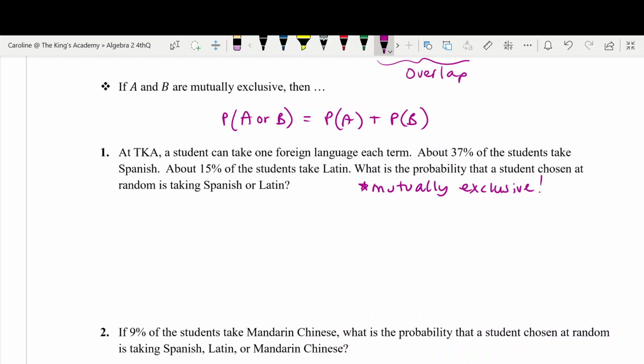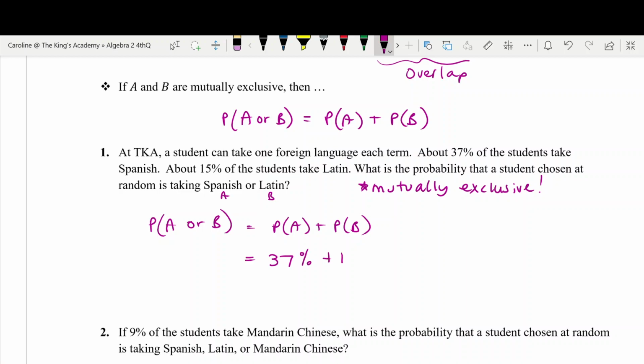So in my little abbreviations, the probability of event A or event B, Spanish being A, Latin being B, just because it was mentioned second, would be the probability of the first one added to the probability of the second one. Now, they already told us it's 37% of the students. We don't even know how many students there are total. They gave us the percentage already. So you're really just doing 37% plus the probability of the second thing.